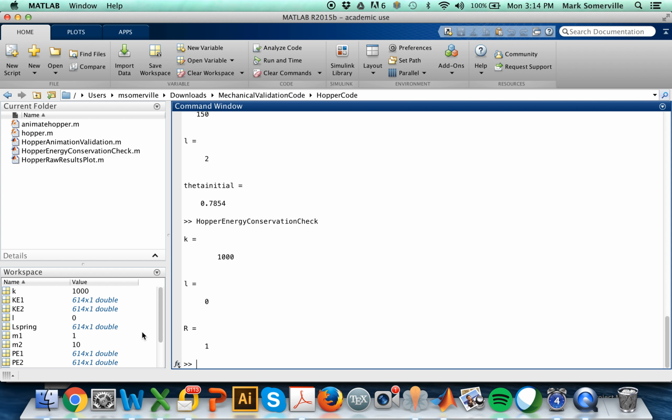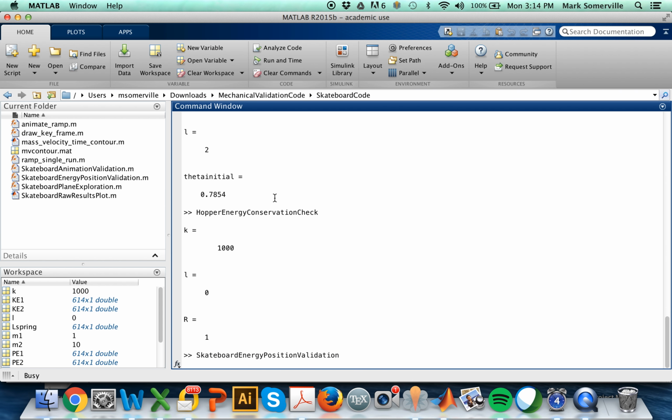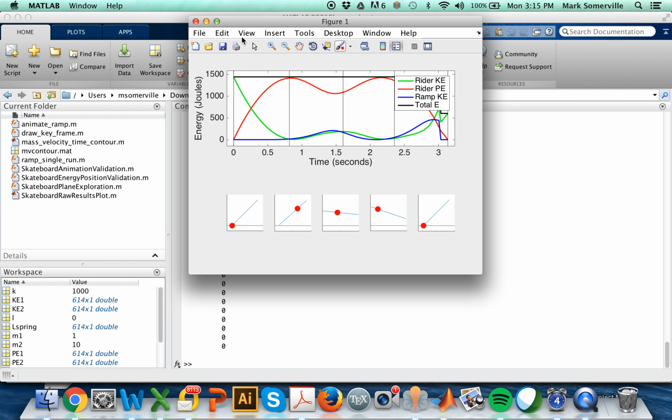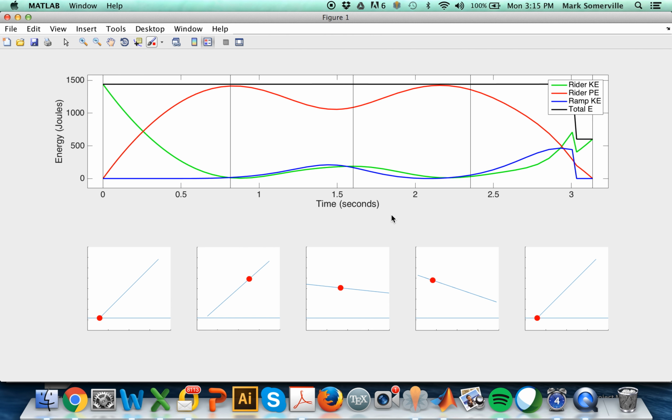All right, and we can also do a similar thing with the skateboard. You guys have actually seen the results of that previously, they're on the poster, aren't they? Yeah, they are. And this is a case where we exploited both the energy conservation and the fact that we've got this animation to make a hybrid validation.